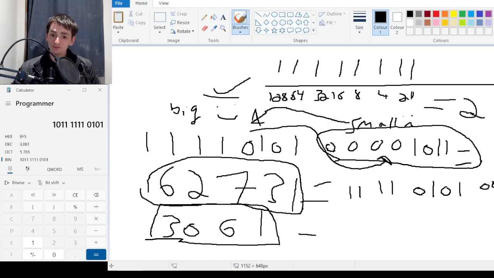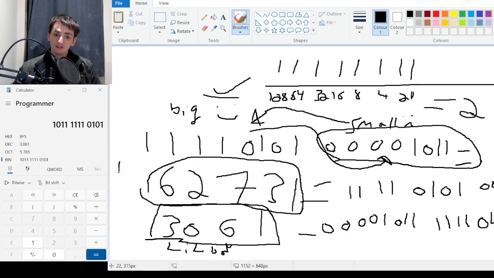But if the small byte went first, it would be 0, 0, 0, 0, 1, 0, 1, 1, 1, 1, 1, 1, 0, 1, 0, 1. So, little byte, little Endian, little byte goes first, and then big byte, big Endian.